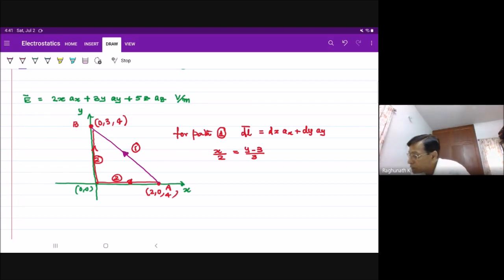Or y is equal to 3 minus 3 by 2 x. Check it. Is it correct? x minus x1 by x2 minus x1 is equal to y minus y1 by y2 minus y1.